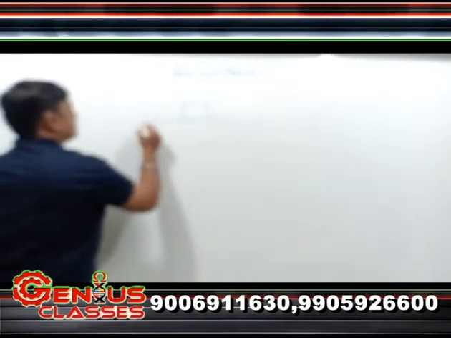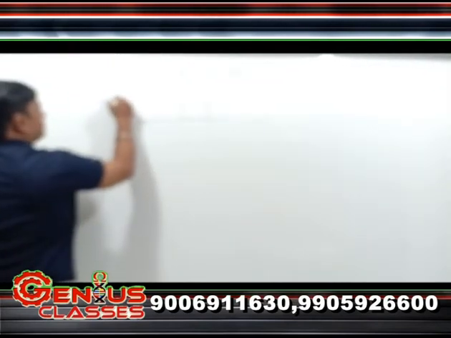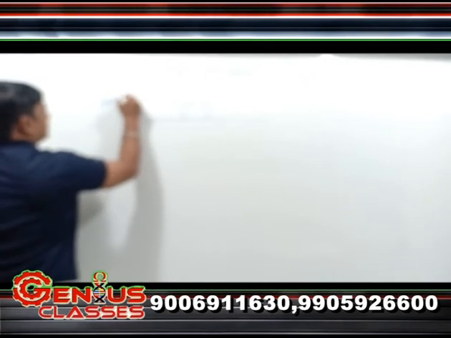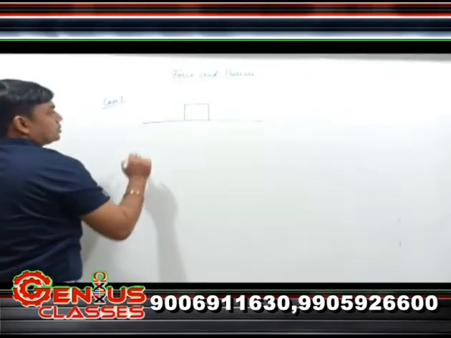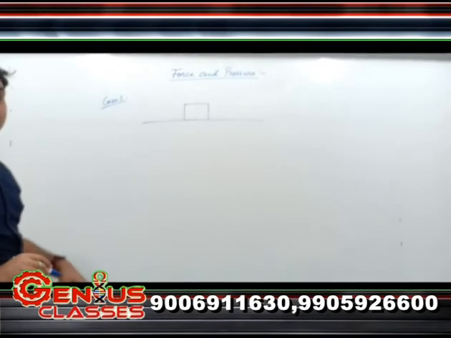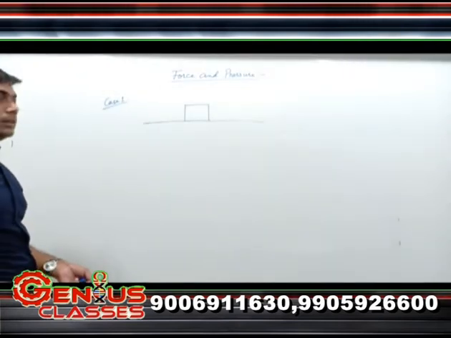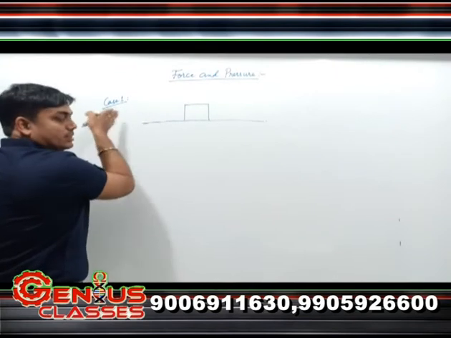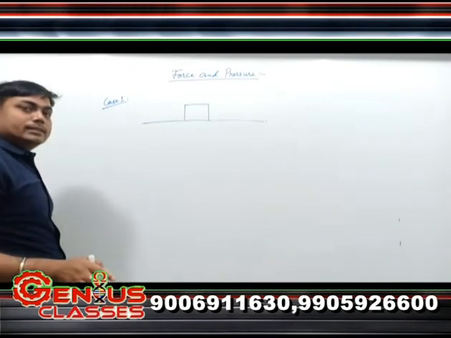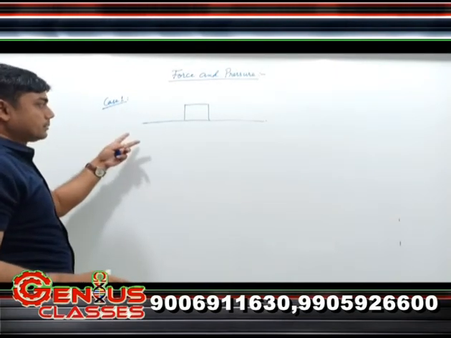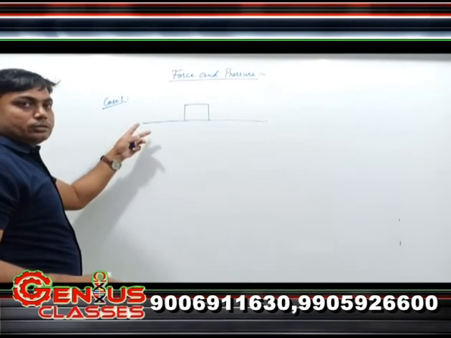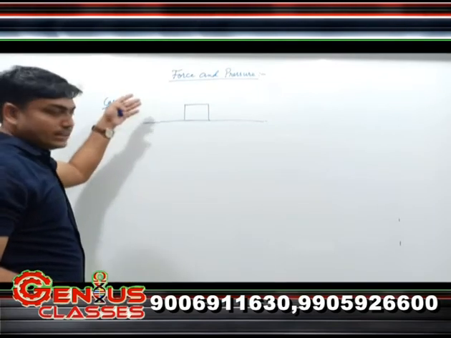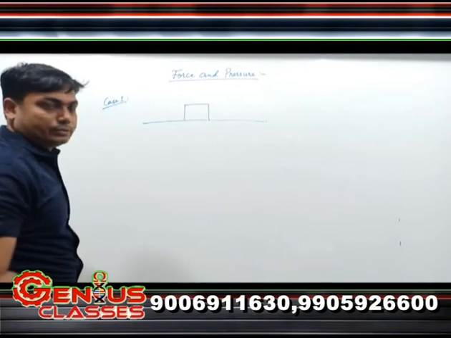Now this is your case 1. Suppose two forces of different magnitude or same magnitude are acting along the same direction. If two forces of different magnitude are acting along the same direction, then what will be the resultant force?